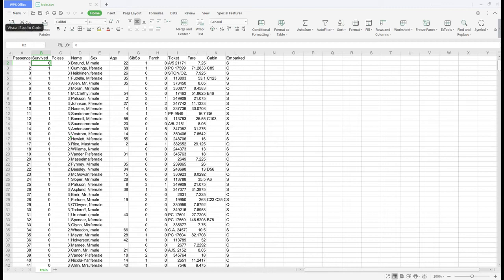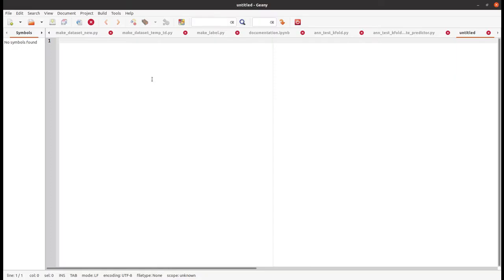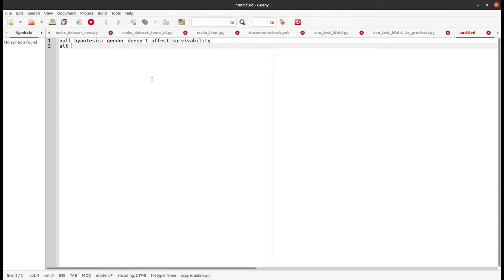And for the alternative hypothesis, survivability depends on gender. Yes, this is our null hypothesis and alternative hypothesis. I hope that I wrote it right.